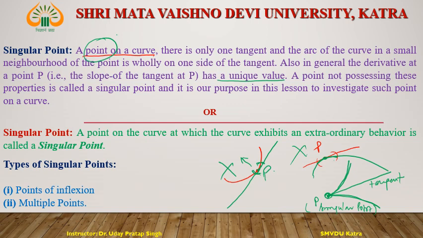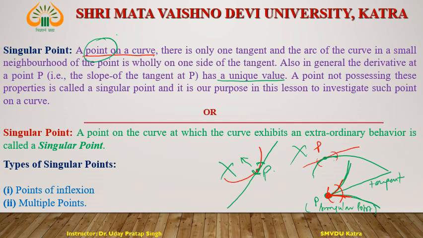In short, what is the definition of a singular point? A point on the curve at which the curve exhibits extraordinary behavior. Here at the point P, in a small neighborhood of P, the curve lies in one direction. But in this graph, at the point P, if you consider a small neighborhood, this portion lies in the upward direction and this is going in the downward direction.